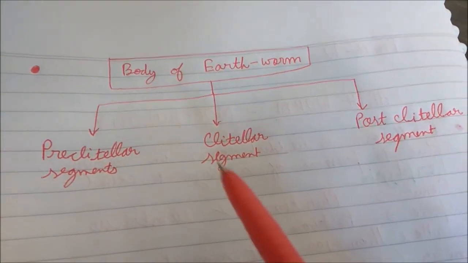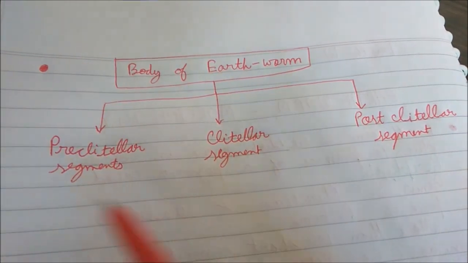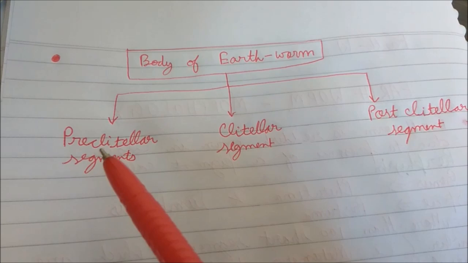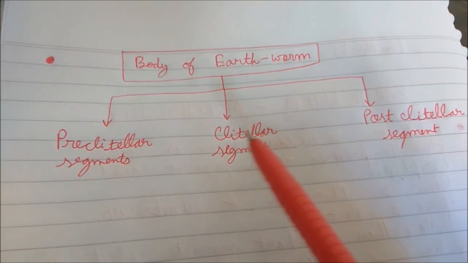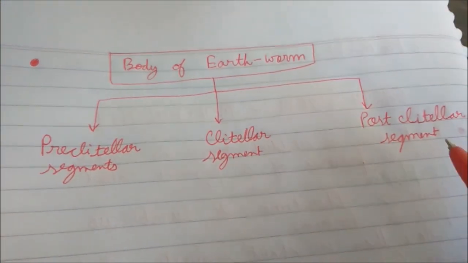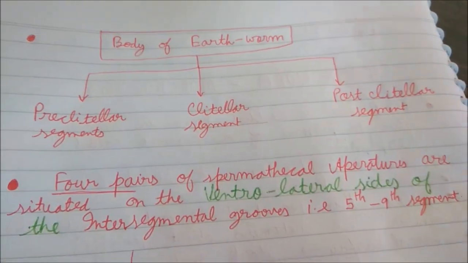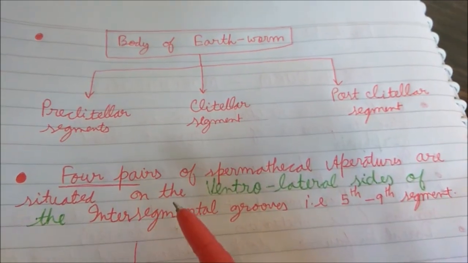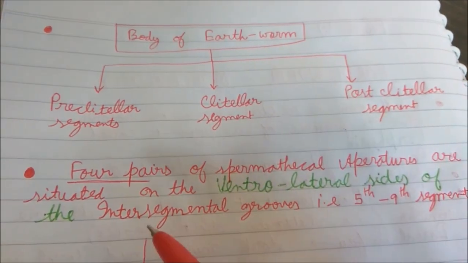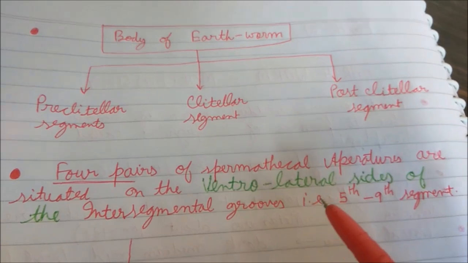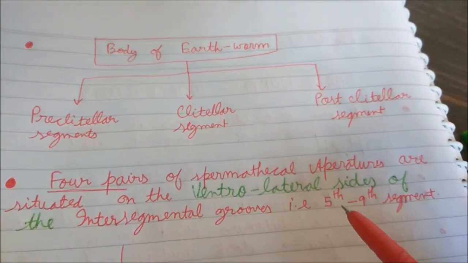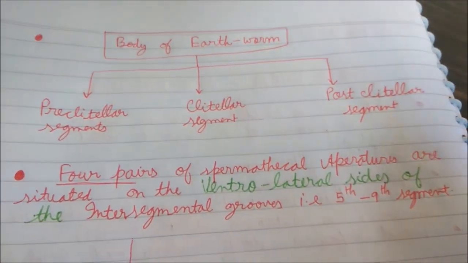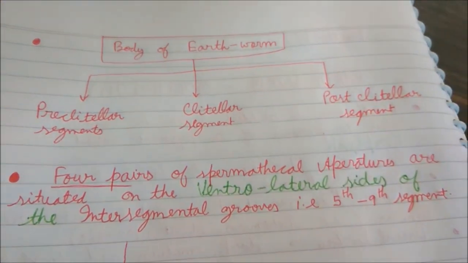The whole body of earthworm is divided into three sets of segments, called pre-clitellar segments, clitellar segments, and post-clitellar segments. Four pairs of spermathecal apertures are situated on the ventrolateral side of the intersegmental grooves, from the fifth segment to the ninth segment. Let's see how they are arranged.